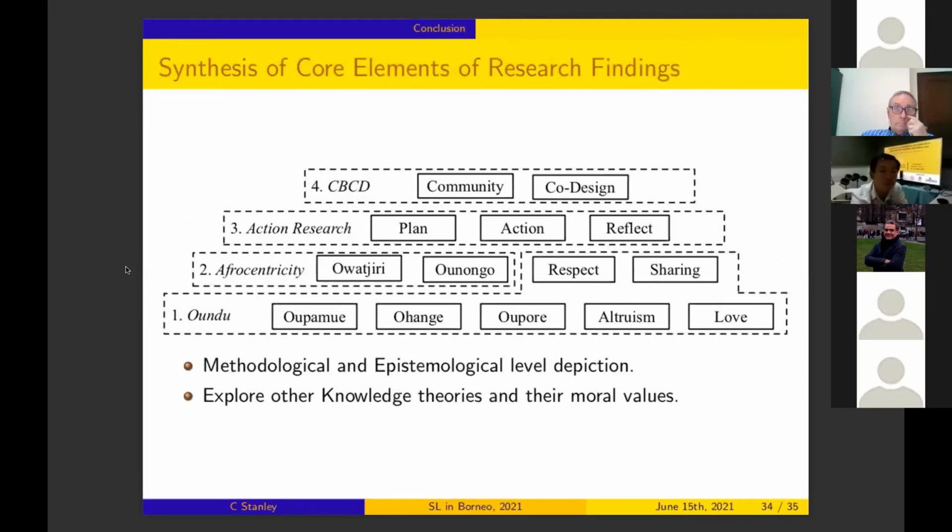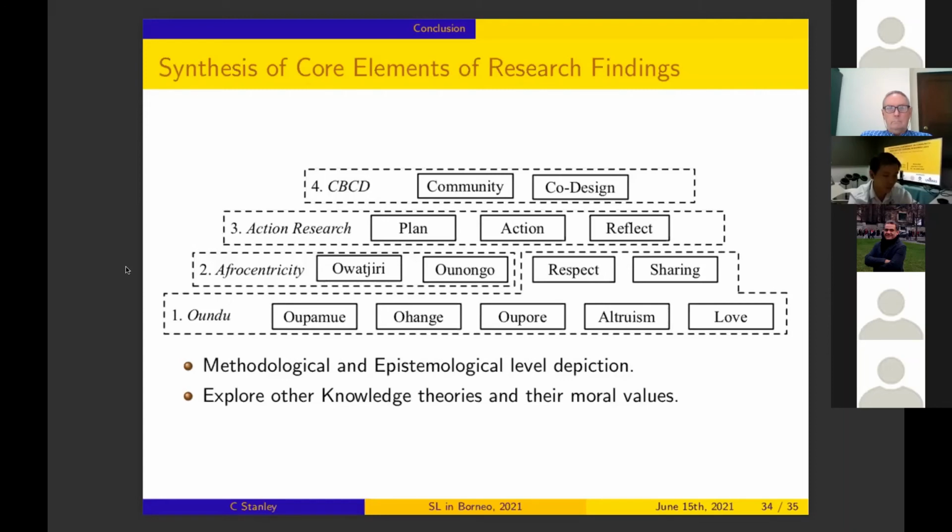So, coming to the conclusion now, what we have established is that if you want to do all this very well, your foundation is the Ubuntu principle, where you really need to have respect, you need to be selfless, you need to learn to share. If that is not in place, you cannot proceed to the second layer.